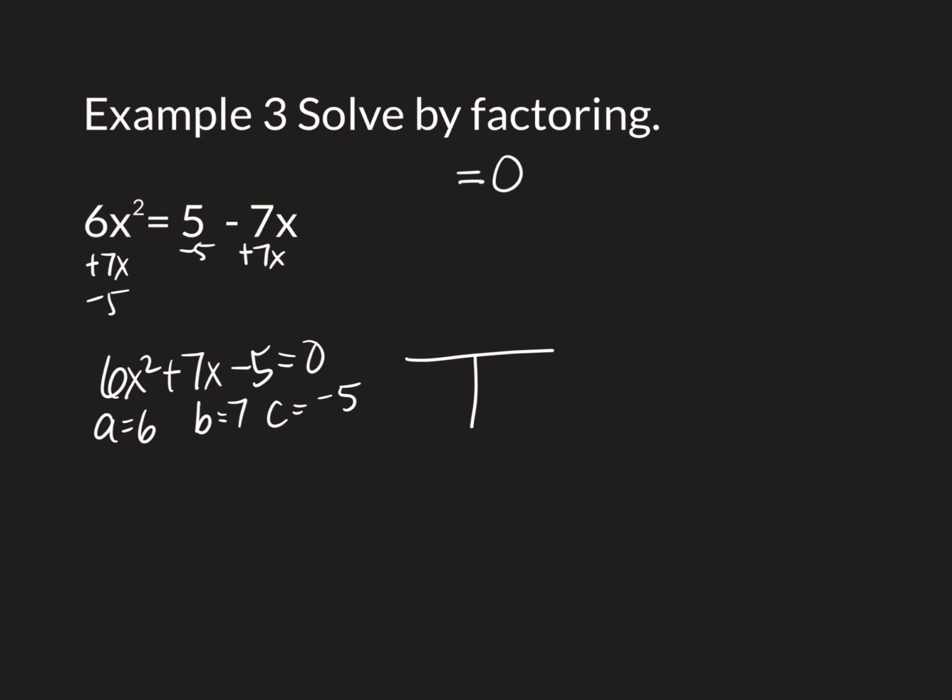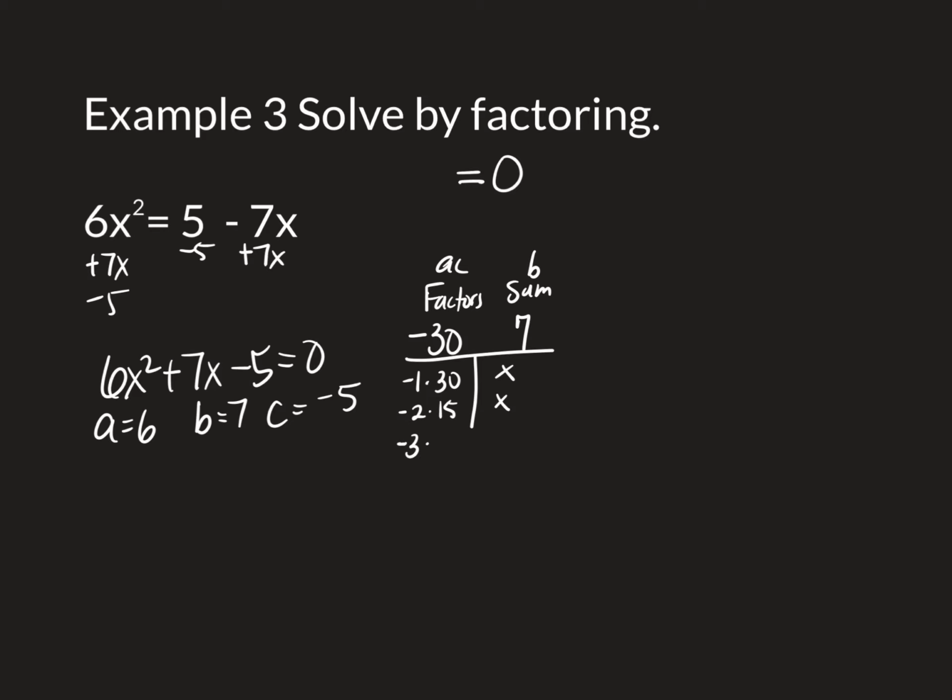Factors of A times C that will give me a sum of B. Okay, so I know that one of my factors is positive and one is negative. And I know that the smallest one has to be negative. So negative 1 times 30 is not 7 when I add them. Negative 2 times 15 is not 7 when I add.